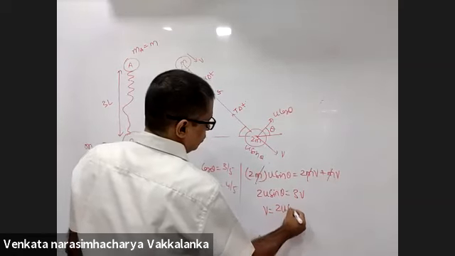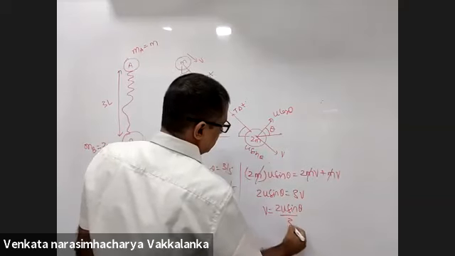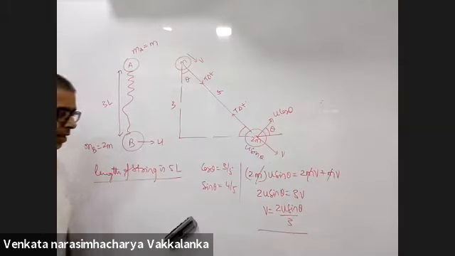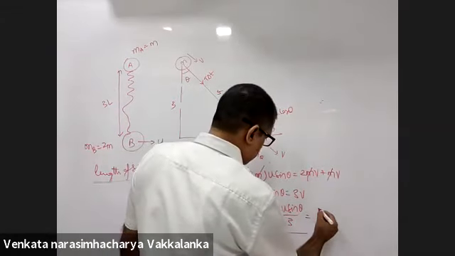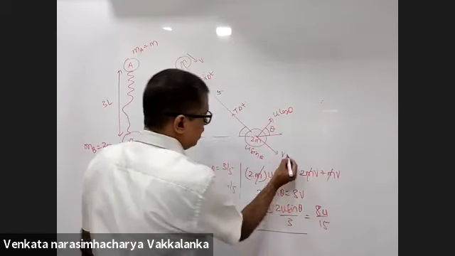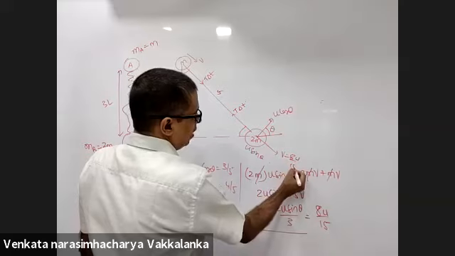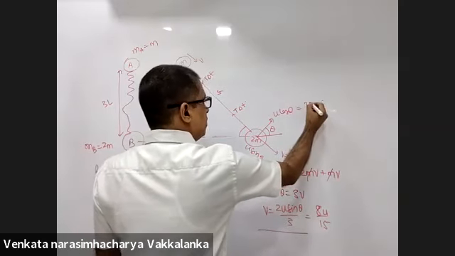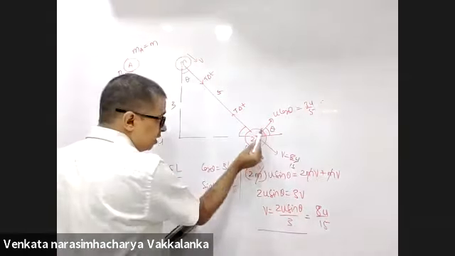V is equal to 2u sin theta by 3. You know the value of sin theta, hence you get the value of v. Sin theta is 4 by 5. 8u by 15. And this will be 3u by 5.